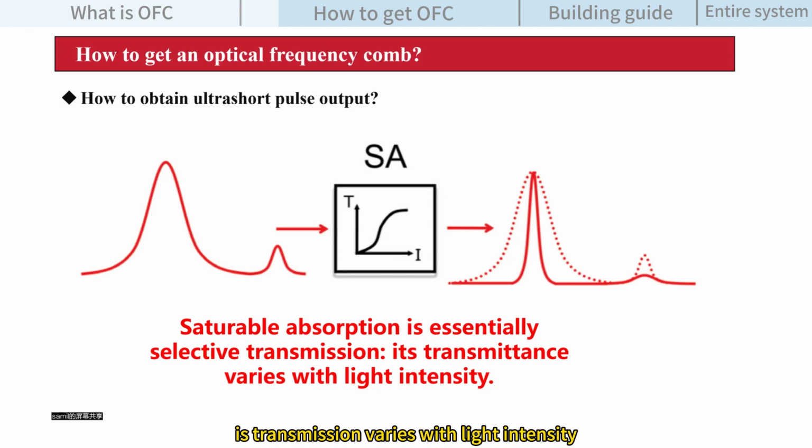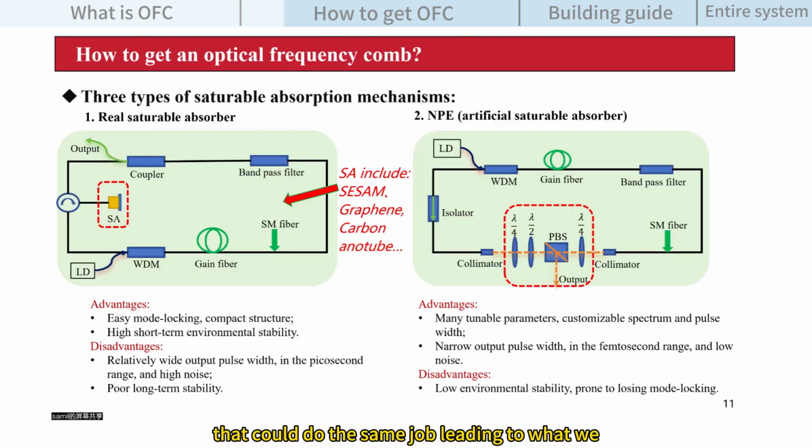Its transmission varies with light intensity. Some dye molecules can do this under certain conditions, but they are not very stable. So researchers look for solid materials that could do the same job, leading to what we now call the true saturable absorber.